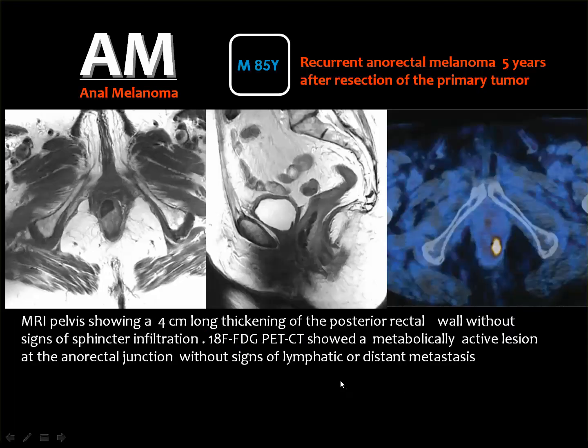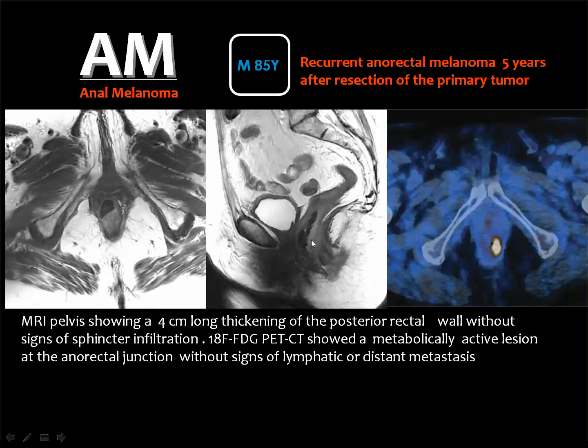Of course, anal melanoma will be diagnosed by biopsy, but this patient had a recurrent anorectal melanoma 5 years after resection of the primary tumor, and you see a posterior wall mass with some high signal intensity on T1.